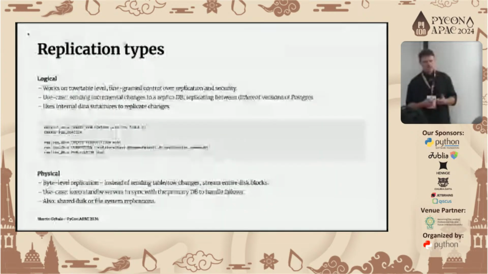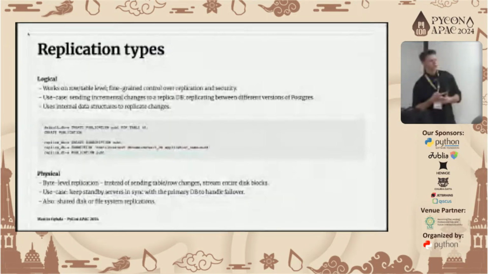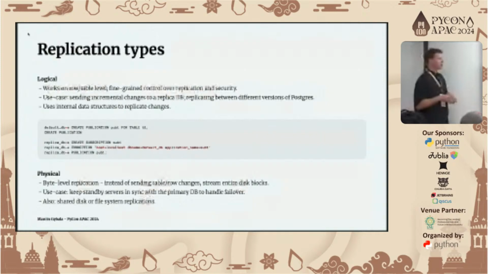Logical replication works on a table and row level in the database. If you have your writer DB, your main DB where you write data, whenever an SQL query comes in that writes something, logical replication will send this query into all the replicas in order for them to make the same write, basically.